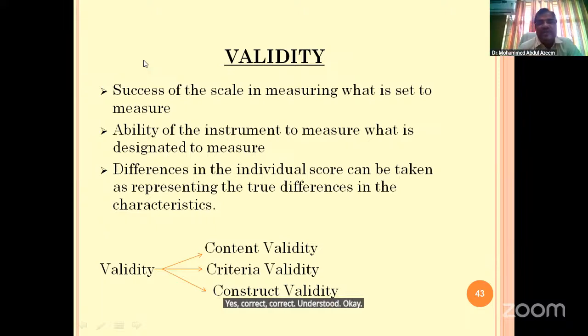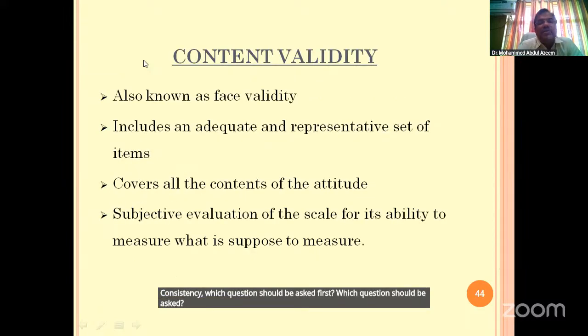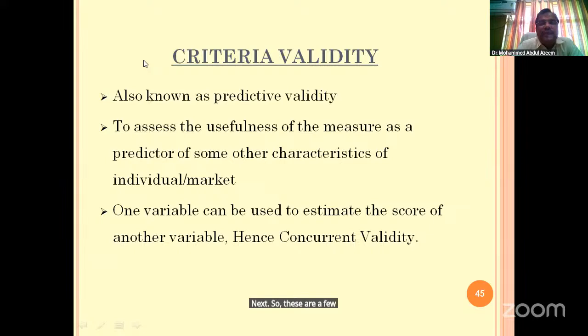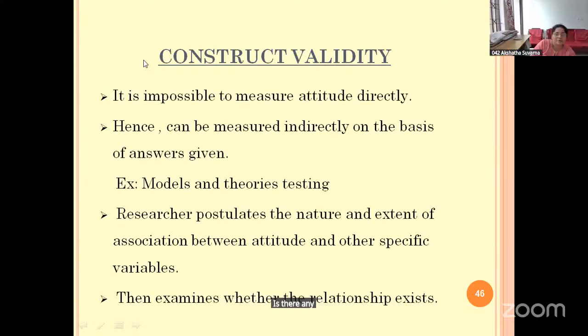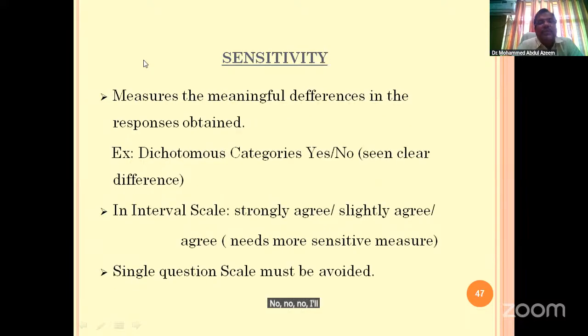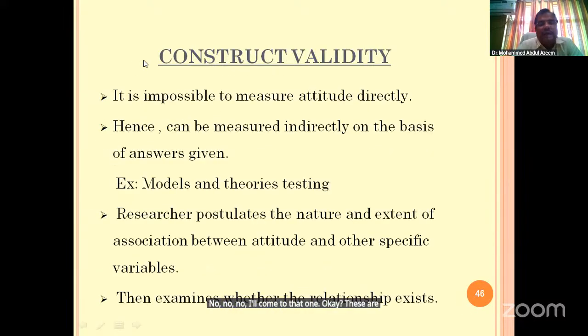Okay, sir. Consistency: which question should be asked first, which next. So these are a few precautions we need to take. Is there any maximum number of questions that can be asked in the questionnaire? No, I'll come to that. Now, which questionnaire is good? A simple one. How many questions should there be in a questionnaire?